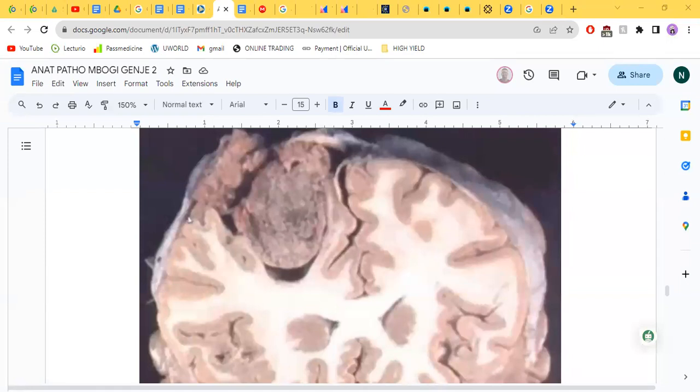What is the color of this mass? And is this mass impeding on other tissues? Yes, so it's well circumscribed. What is its color? It's a black, grayish mass.